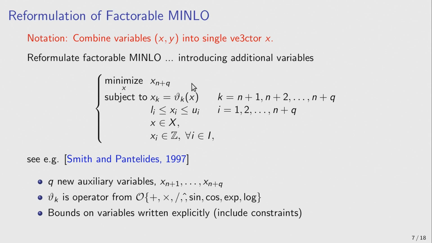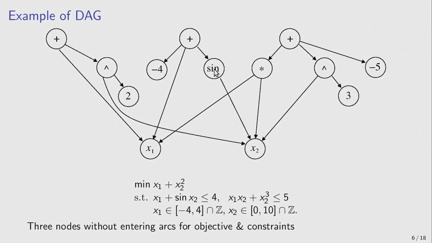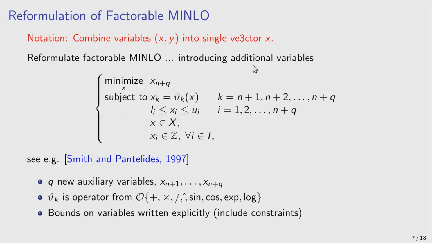So each of these theta k is now one of the little functions that appears here. So there's a sine here, for example, an exponentiation or a multiplication of two variables. So each one of those becomes its own additional new variable. So I'm introducing additional variables now, and there could be quite a lot of these, one corresponding to each of these operator nodes in my tree. And then with these new variables, the operators are now these simple functions.